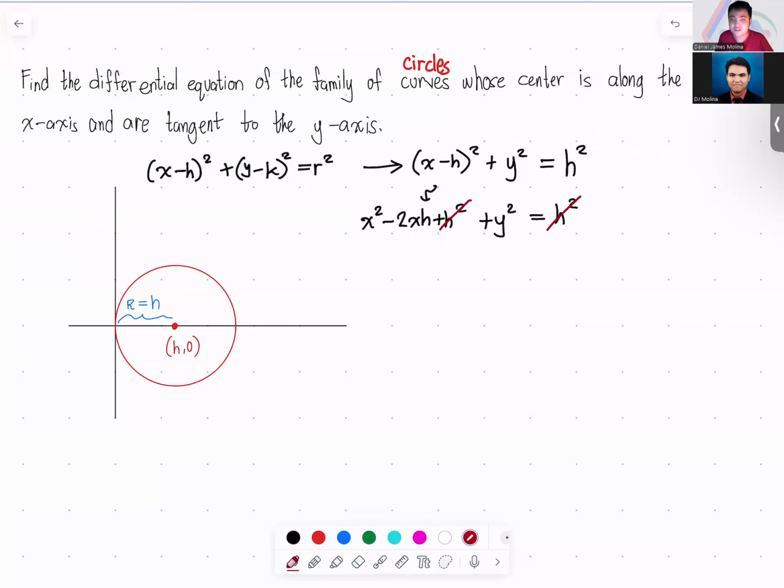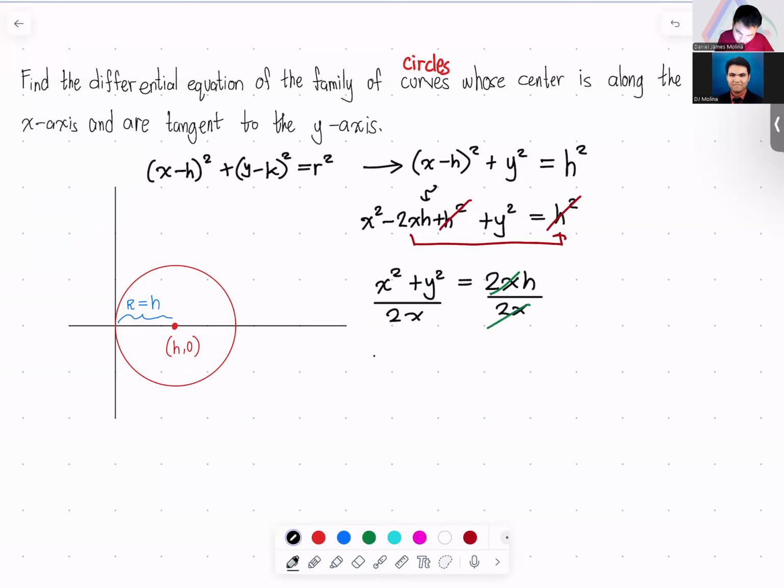So I have said this will be simpler because the term h^2 is eliminated. Now let's transpose 2xh to the right side. So this becomes x^2 + y^2 = 2xh. Then let's try to solve for h by dividing both sides by 2x.